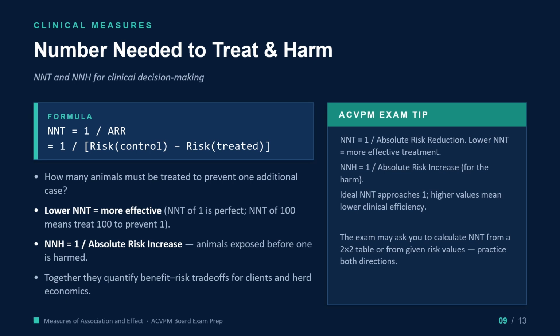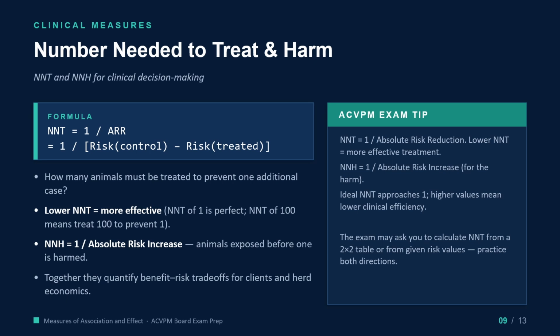It's derived directly from the absolute risk reduction, ARR, which is simply the attributable risk flipped, the difference in outcome frequency between the control group and the treated group. NNT equals 1 divided by the absolute risk reduction, which equals 1 divided by the risk in the control minus the risk in the treated.